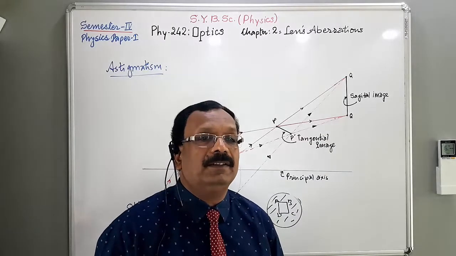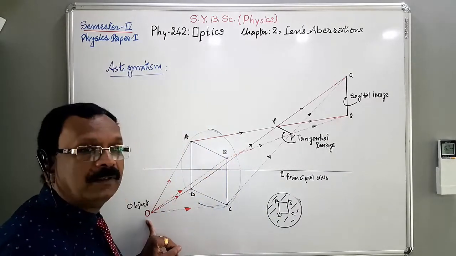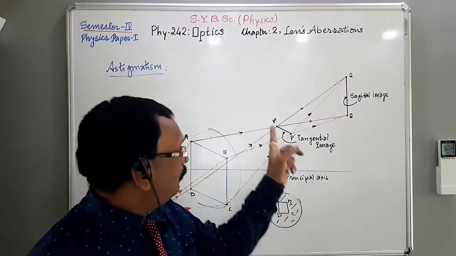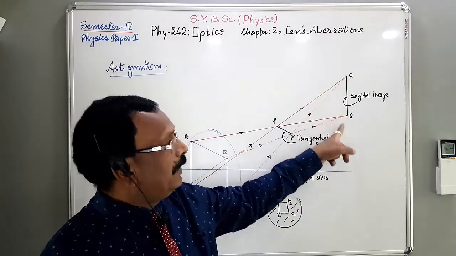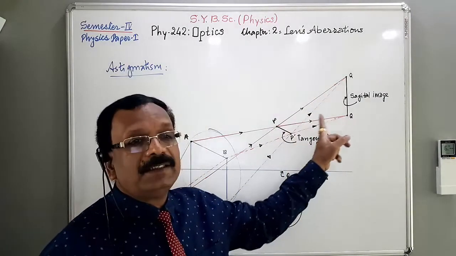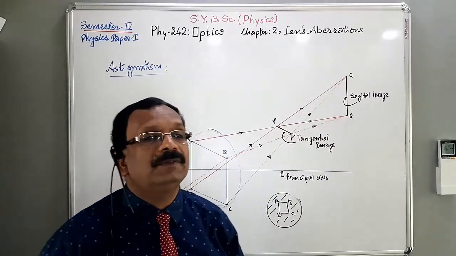This is the defect. The image of point O consists of two mutually perpendicular lines, PP prime and QQ prime, and these two images are separated by a finite distance as shown in this figure.